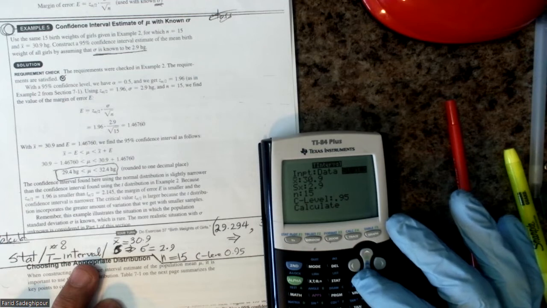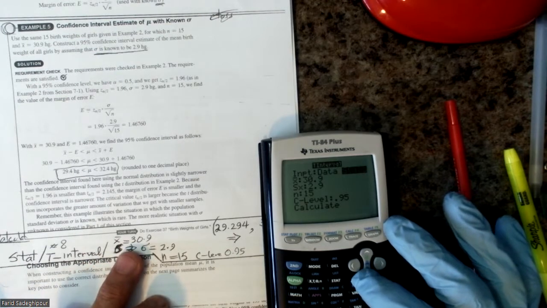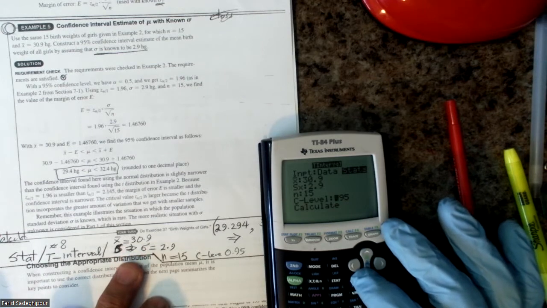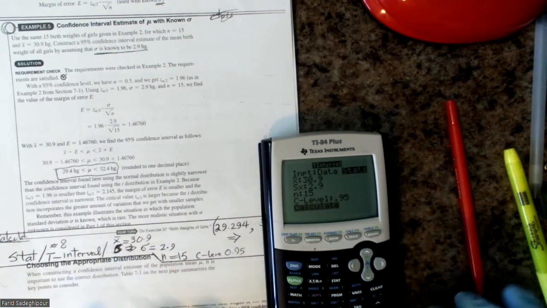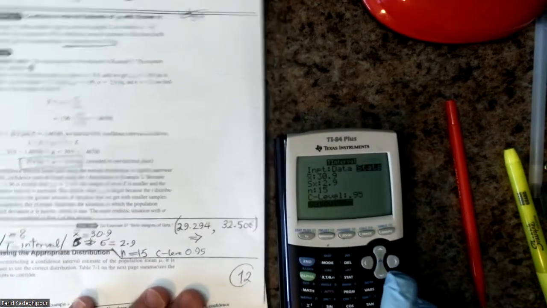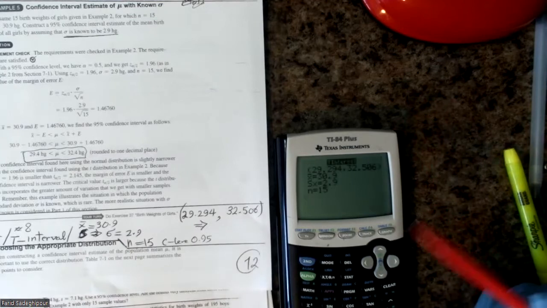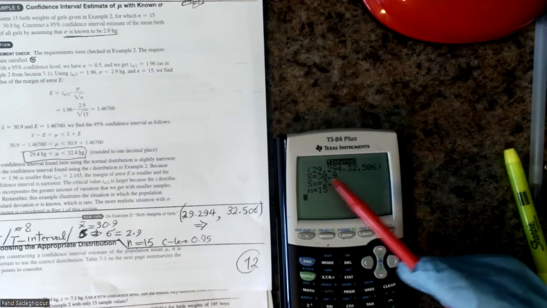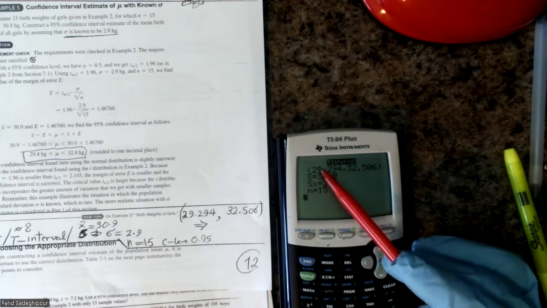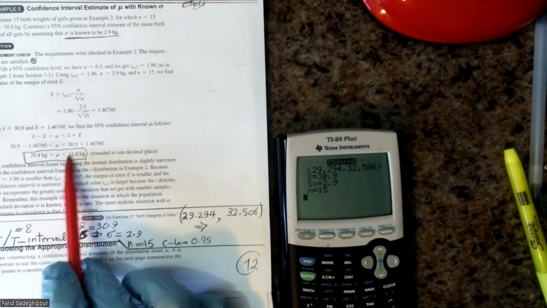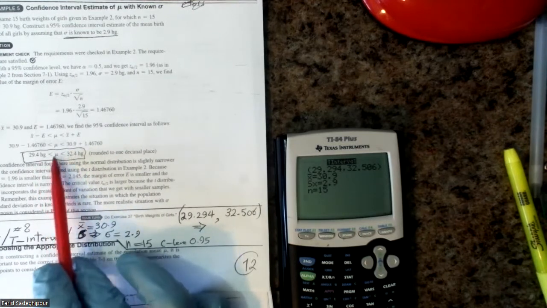Stats is when you want to input the numbers. So in this problem, X is 3.9, I input that, 2.9, I put that one, 15, confidence level, calculate. So that gives me two numbers for the mean that we have here, the interval of the mean.